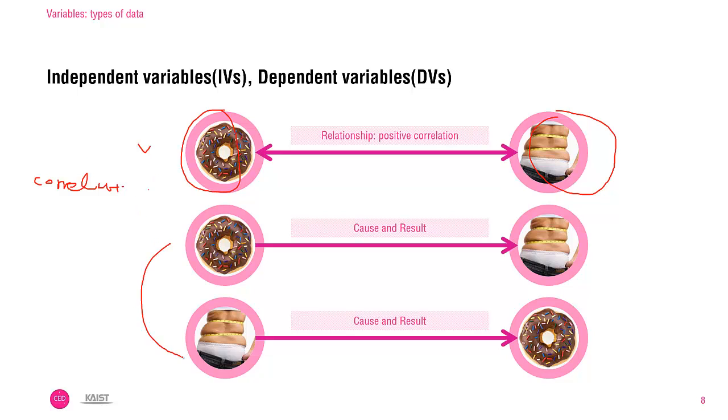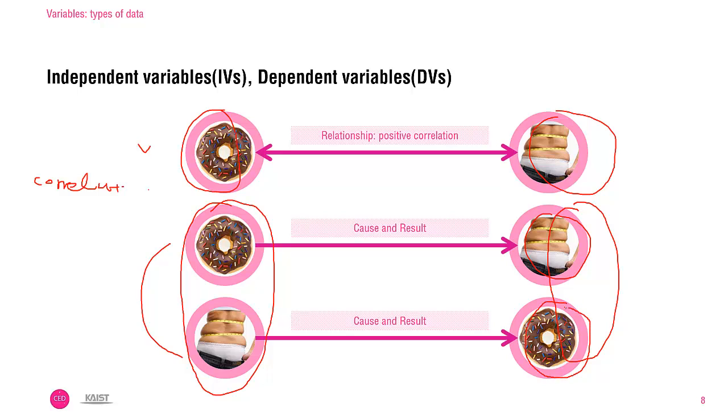And in the second and the third case, the left ones are causes, independent variables, and the right ones are dependent variables. In both cases, you can perform a regression analysis to predict gained weight or to predict donut intake based on the donut intake or based on the gained weight.